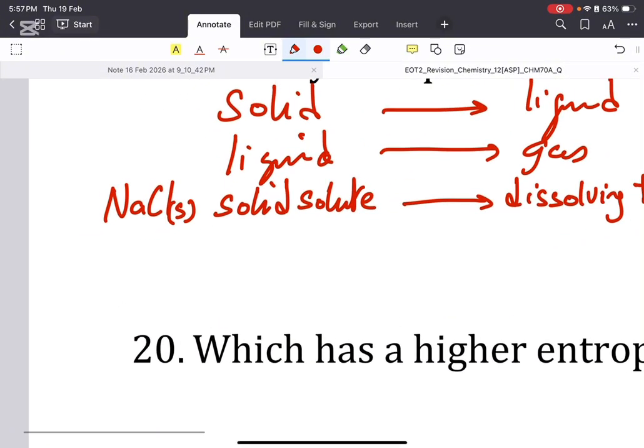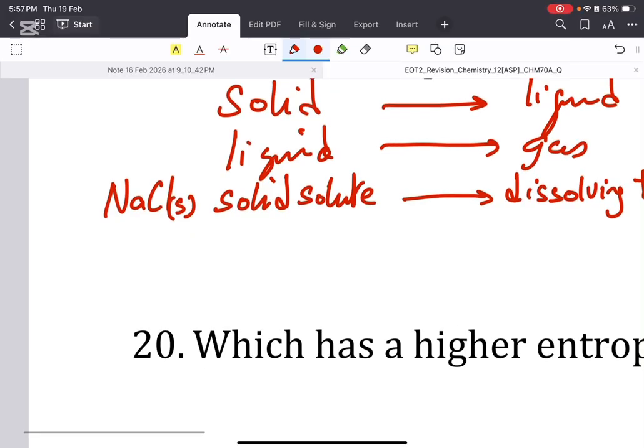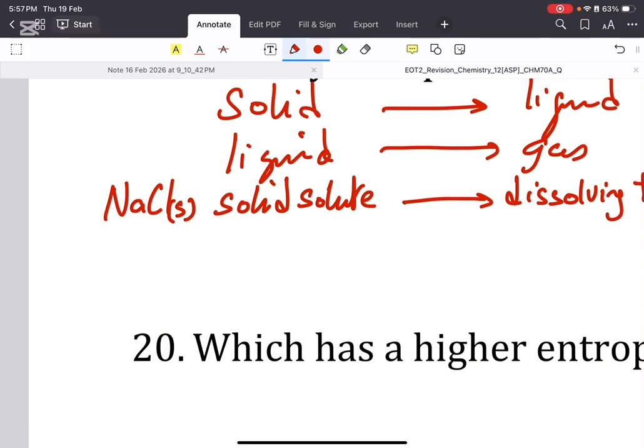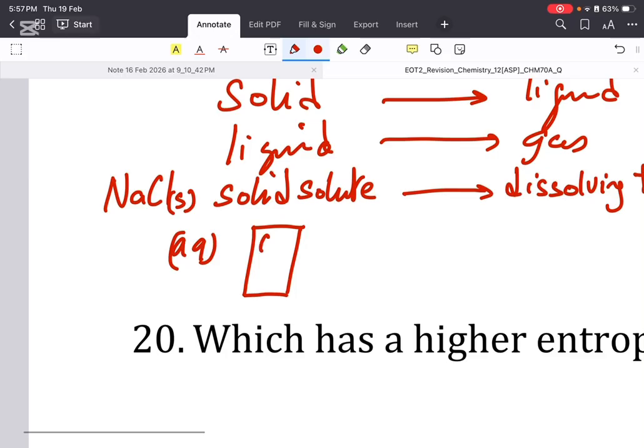Or, for example, if I have a gas that is a solute that is dissolved, like a bottle of sparkling water, which will have CO2 dissolved in it, or the oxygen dissolved in water inside a fish aquarium.